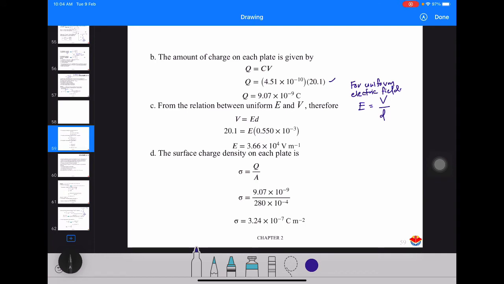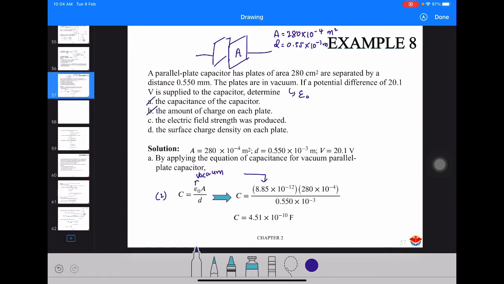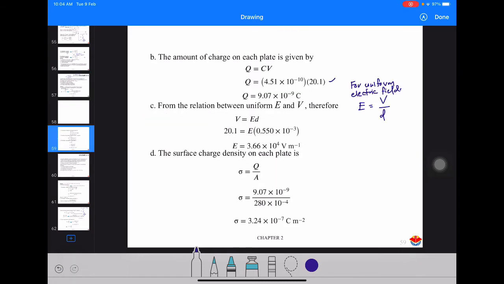Okay, the last question here, D, the surface charge density on each plate. This one is easy as well. It is based on the definition of surface charge density. For the density of a surface, we use that one; if it is volume, we use a different symbol. So this is charge divided by surface area. Actually, it's written over here.